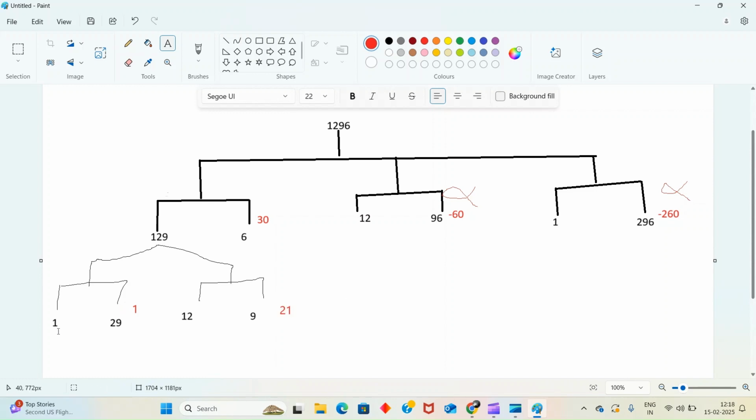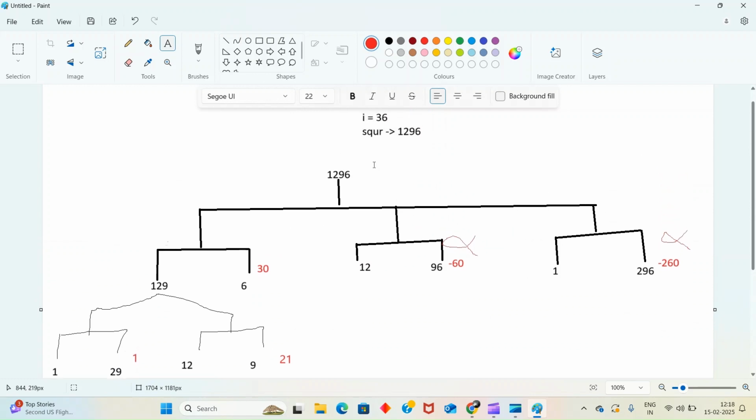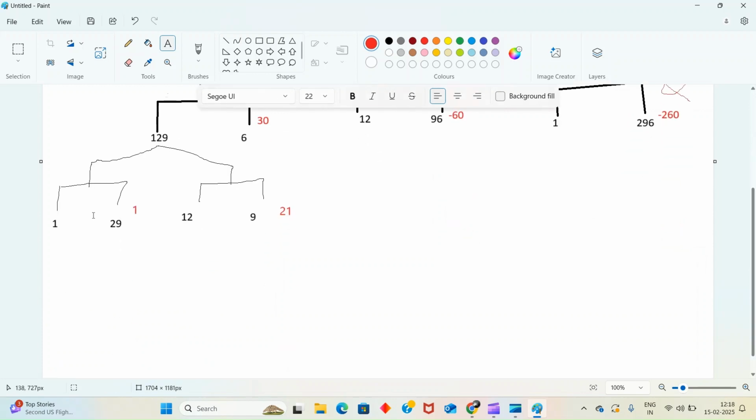Now I have to make partitions of this such that, consider this is my target, here I'll write 36. So this is my target and this is my num. If my target and num are the same, that means I got them equal.